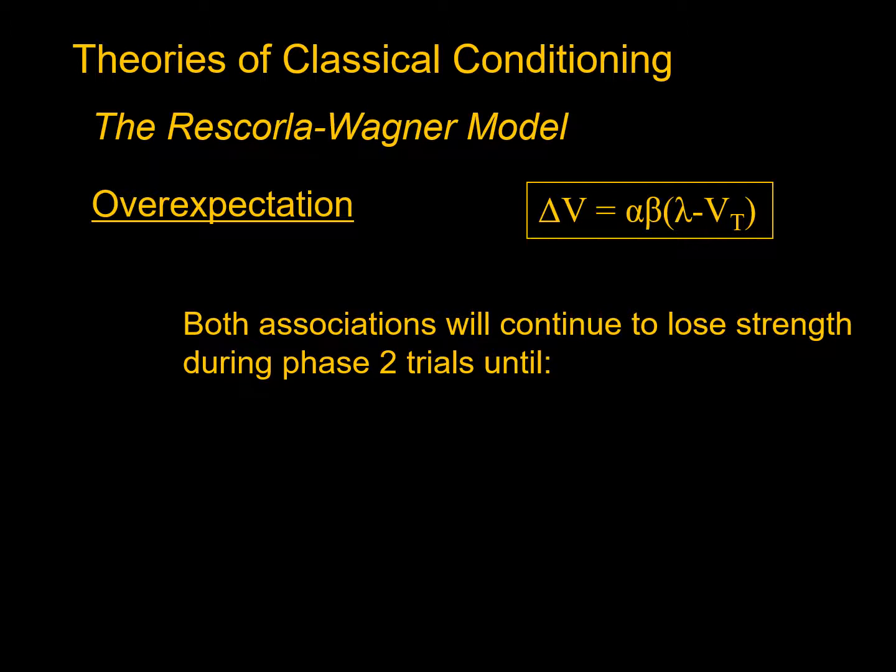Well, same kind of thing is going to go on here. We created a situation where our subjects are expecting a lot more US than they're actually going to get. The amount of learning that's been acquired is greater than the amount of learning that the US can actually support. So, when we start doing these compound trials, both those CSs are going to start losing associative strength.